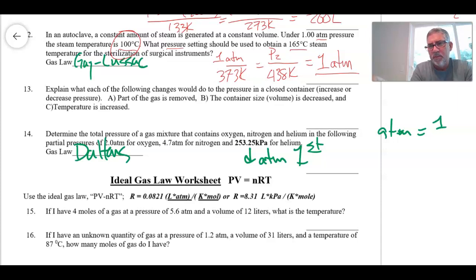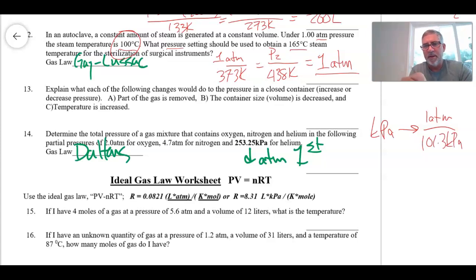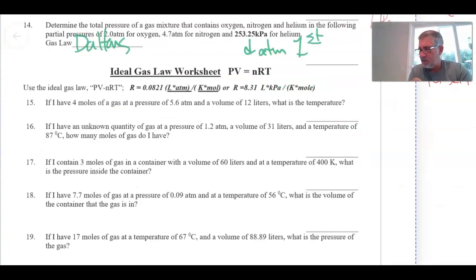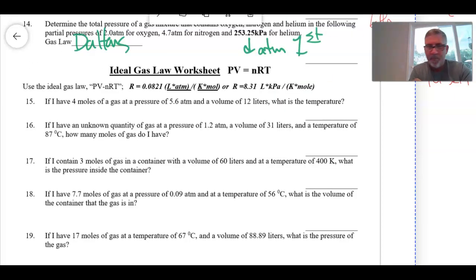So the conversion from kilopascals is 1 ATM over 101.3. If you multiply this by that, you'll get ATMs. And all these are ideals. The only one someone asked me to solve was the first one.